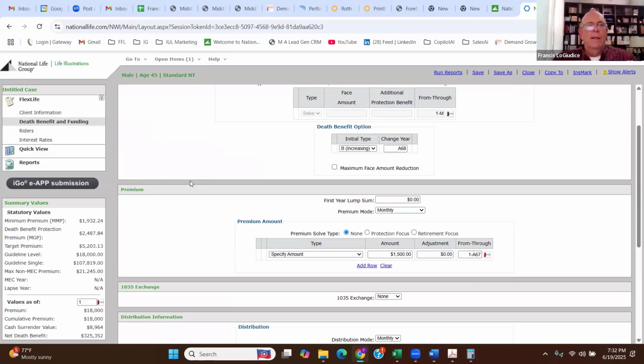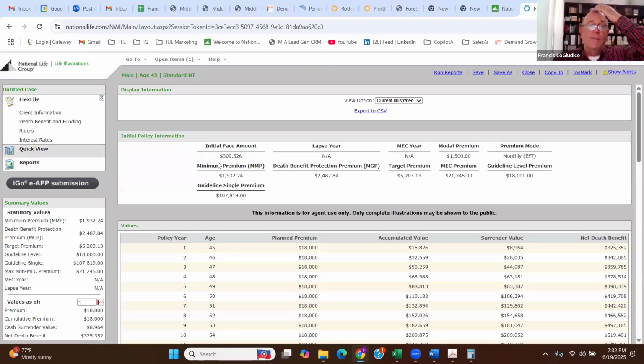Now, again, this might not be enough life insurance for the guy, okay? Because now it drops him to 309. Now he had $1 million. He's got 1.3, okay? But he might say, hey, I'm paying my loan off real fast, and I'm putting a lot of extra money into my mortgage, so that mortgage is going to be down in a little bit, so I'm good with the 1.3.